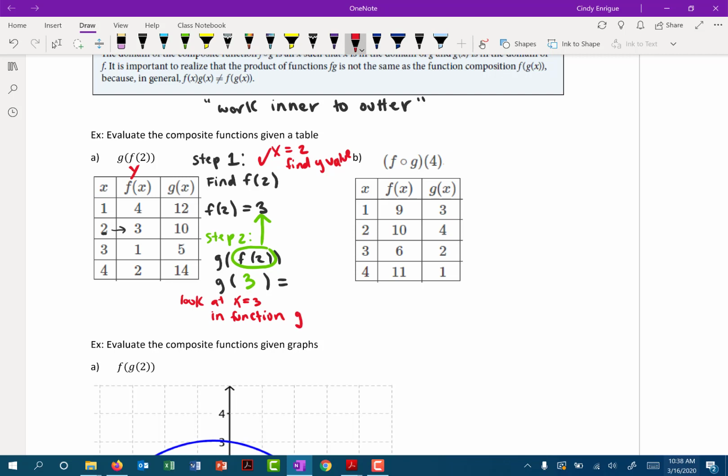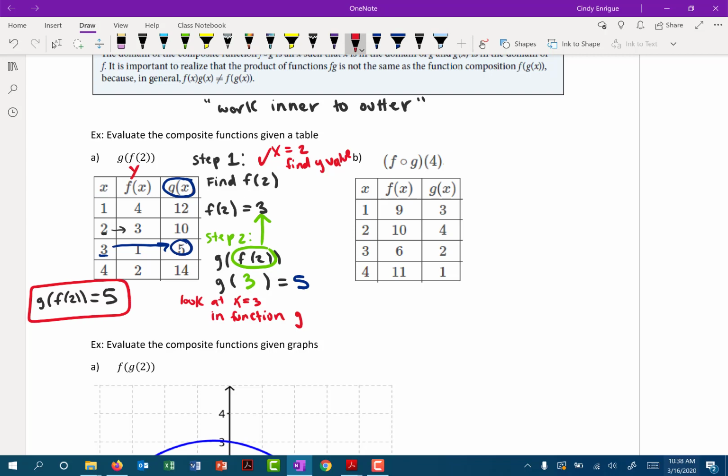So okay, when I do that, well, here's 3 for the x, and the g function is over here. This is my g function. So it looks like it's going to be equal to 5. So I can say that g of f of 2 is equal to 5. That's going to be my final answer.